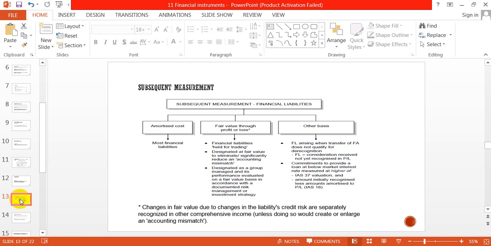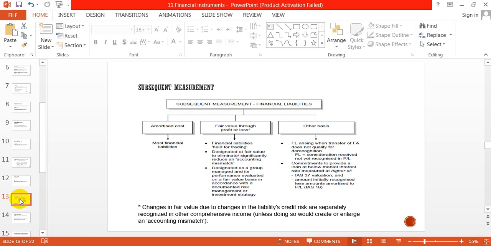But the standard allows some financial liabilities to be measured through fair value through profit or loss, such as financial liabilities held for trading, and those financial liabilities which have been designated at fair value to eliminate or significantly reduce an accounting mismatch.